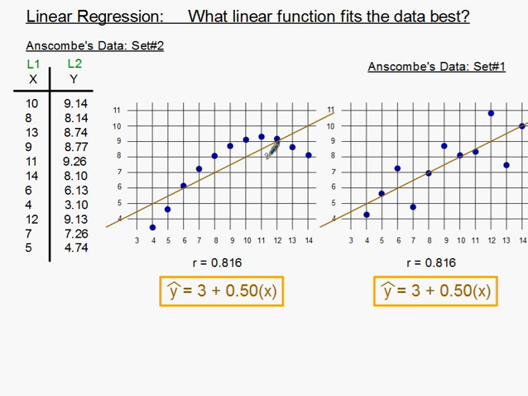Clearly, though, the data sets are different. And so this is really illuminating the point that just getting the correlation coefficient or just getting a linear regression is not enough in and of itself to fully describe a data set. Because here they're identical, but the data is clearly not identical.